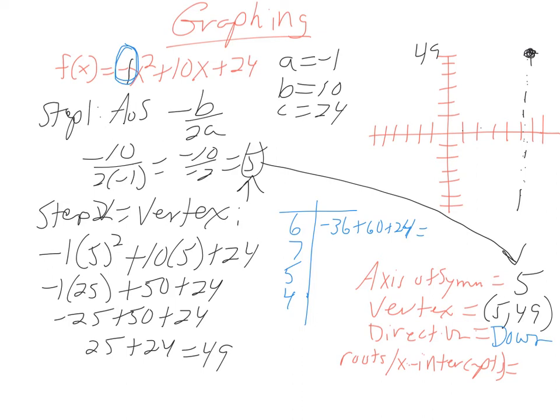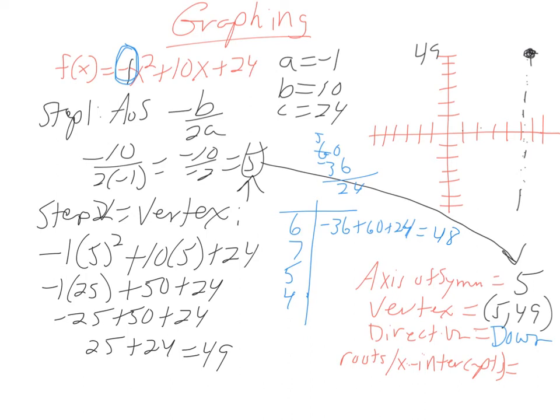Let's see, 60 minus 36 would be 24, plus 24, and that would come out to be 48, I think.